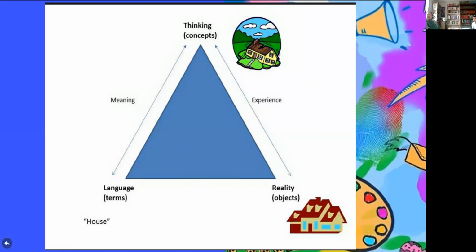This model that we're looking at here isn't about me just getting a message to you. It's about us coming to a shared meaning. And that's a different thing.